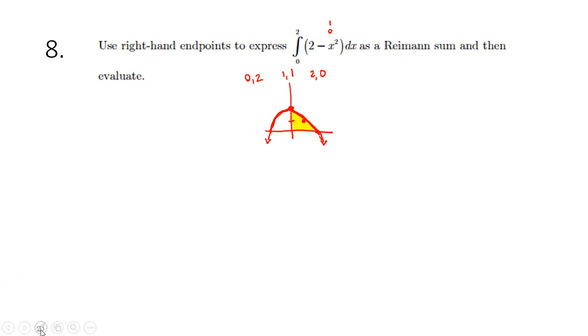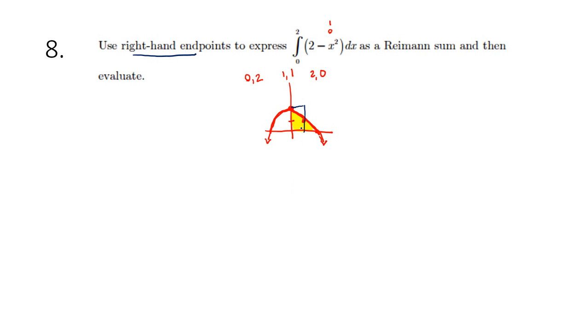Alright, now, there are several ways we're going to approach this, and we'll do the easiest way last. First off, they're saying use right-hand endpoints. So if I go from here to here, that's using my endpoint from 1 to 0, and I make a rectangle.